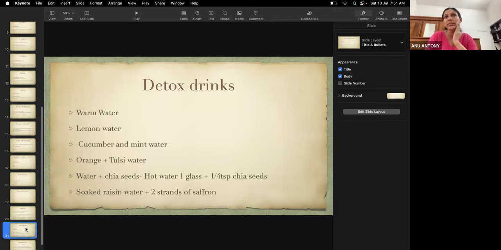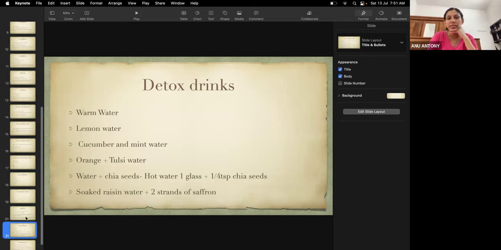And one more thing, in winter season we don't need much detoxification because our appetite and metabolic activities are already on the higher side to produce heat in our body to sustain the winter. Already our body is working too hard. So don't go for many detox drinks in winter season.